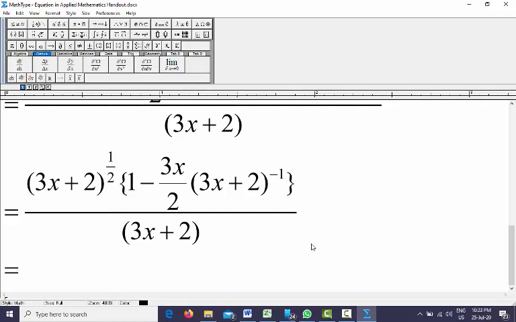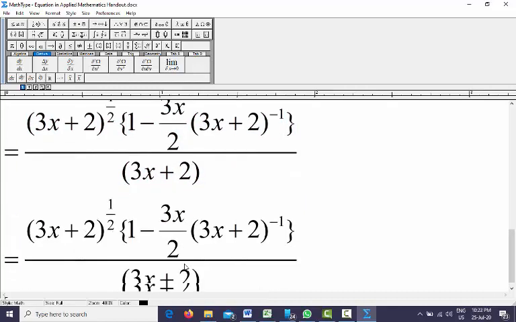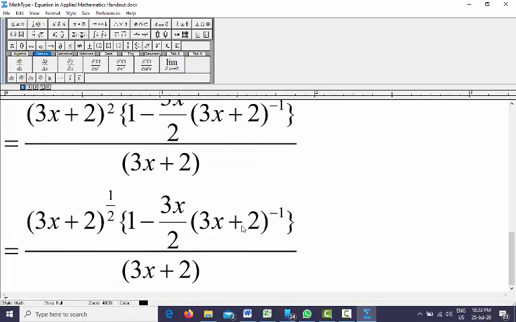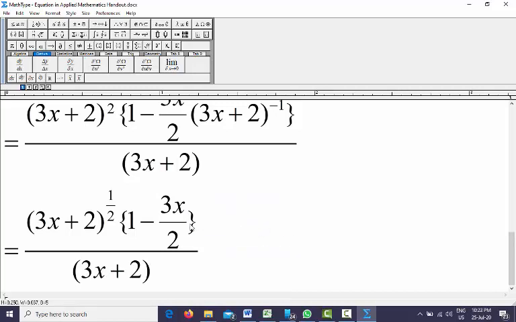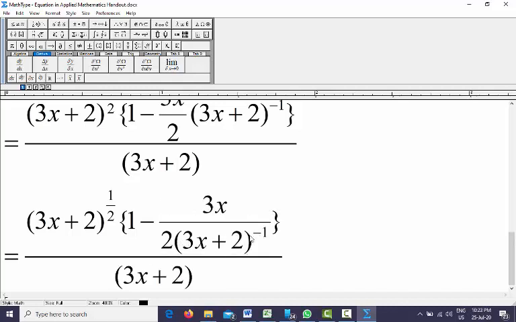Now if we simplify again, you can see that there is a minus in the power.